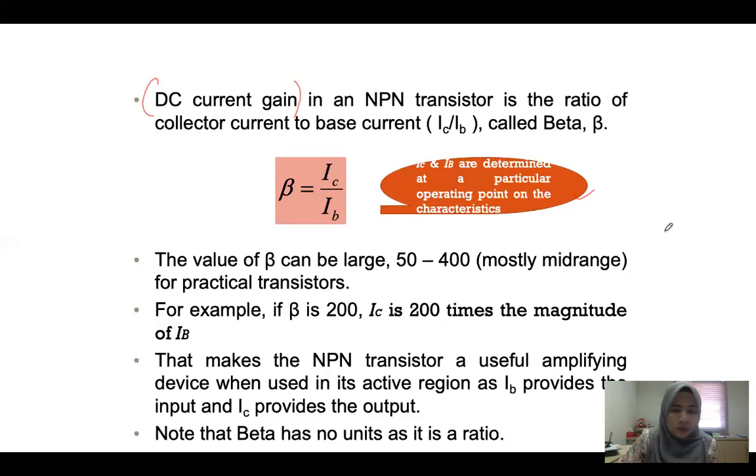Because you know that beta is equal to IC over IB, and beta is equal to 200. So IC is equal to 200 IB. That's why it is stated over here, if the beta is 200, IC is 200 times the magnitude of IB.